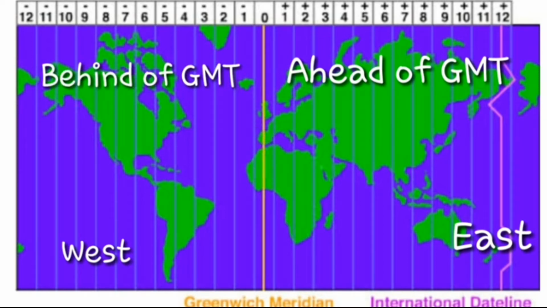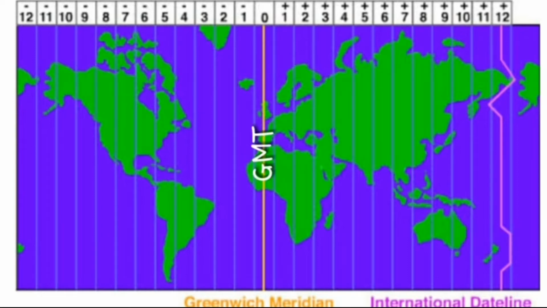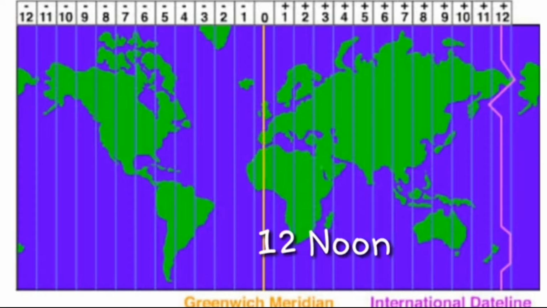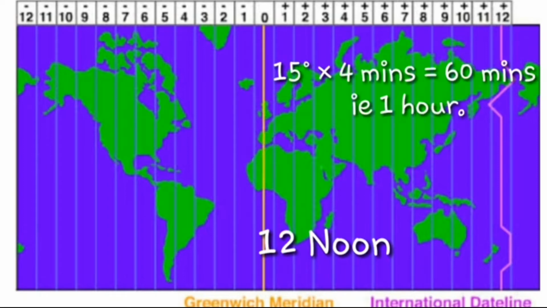The earth rotates 360 degrees in about 24 hours, which means 15 degrees an hour or 1 degree in 4 minutes. Thus, when it is 12 noon at Greenwich, the time at 15 degrees east of Greenwich will be 15 into 4, which is equal to 60 minutes. That is 1 hour ahead of Greenwich time.